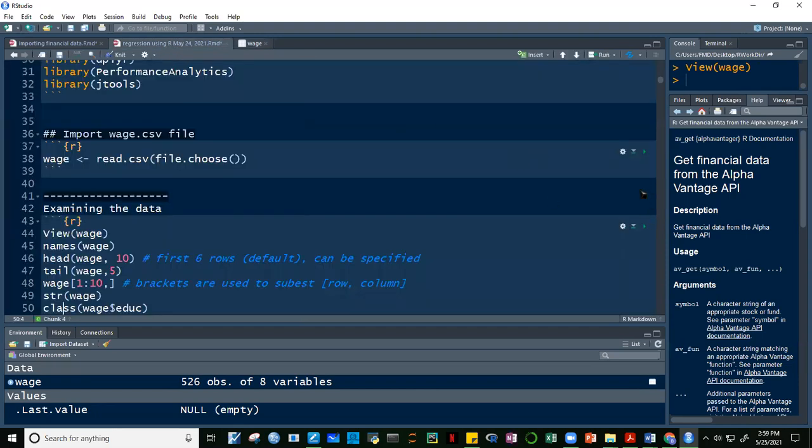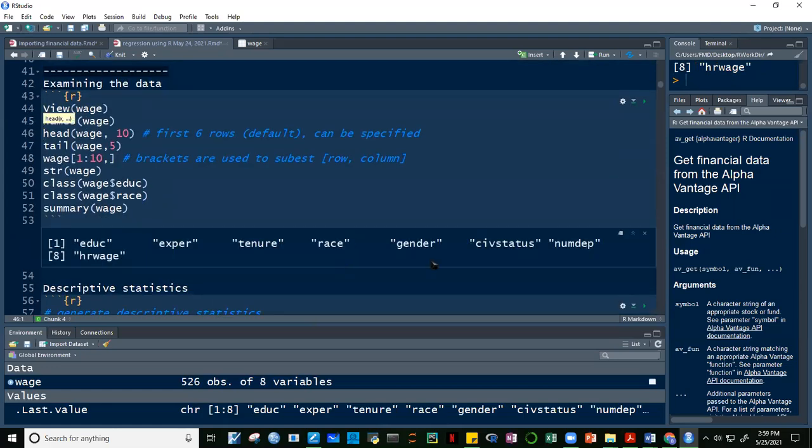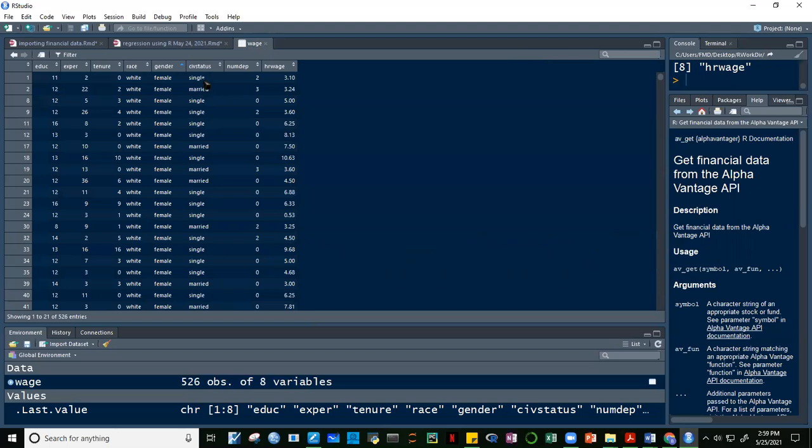Okay, so let's go here, guys. Na-view na natin si wage. Names, guys, will tell us ano ba yung mga variables niya. Ito. So alam na natin yan. Education, or experience, etc. By the way, kanina sabi natin may mga categorical dito, no? Yan, single, married. Ang question, nagagamit ba natin yan in regression to try to explain hourly wage? Yes.